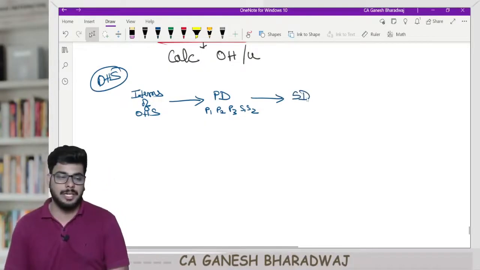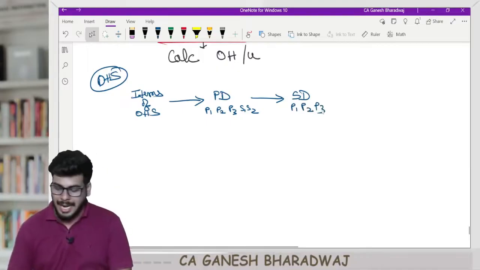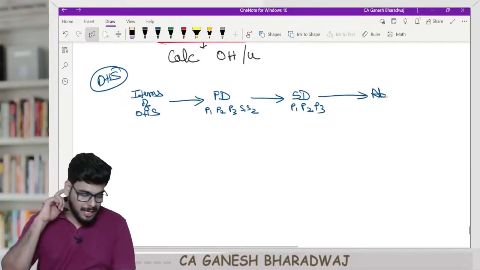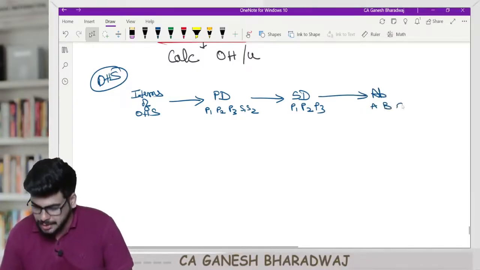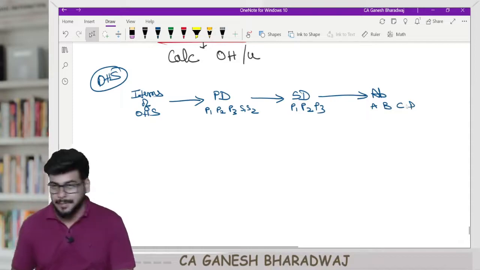That was done under the secondary distribution. At the end of secondary distribution, you had only P1, P2, P3 and so on. And finally, we did something called absorption, and we calculated the overhead cost per unit of the products A, B, C, D, etc. Clear with this? This is what we did.